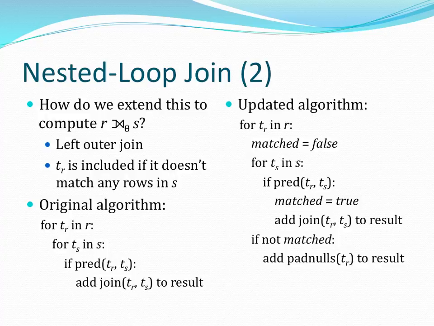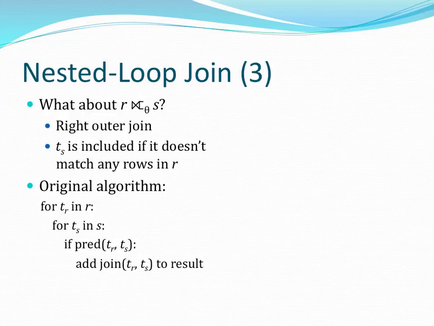Again, pad nulls is a magic thing that allows you to add the same number of nulls as S has columns, or whatever the arity of S is. NanoDB makes this very simple. You can just create a tuple literal and say, I want this many columns, and they're all automatically null. So it becomes really easy. And then you can concatenate tuples together. Okay, so that's left outer join.